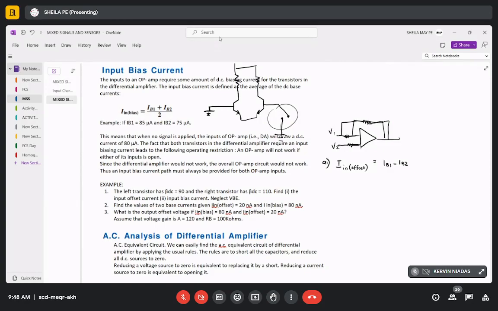Okay, so for IB1 and IB2, we still don't have our IB. Sorry, sorry. We are given beta. So for our given beta, for example, we have a circuit here.